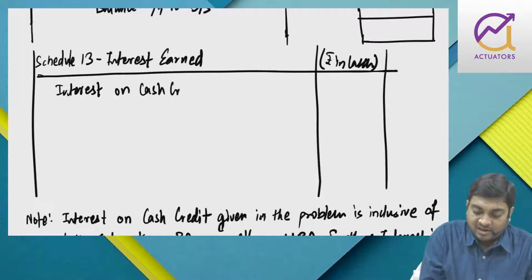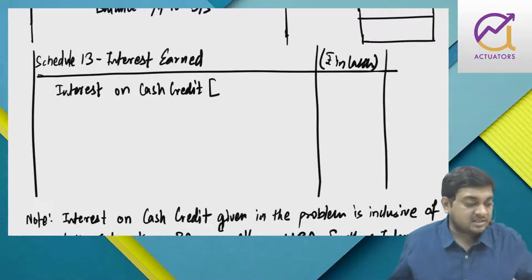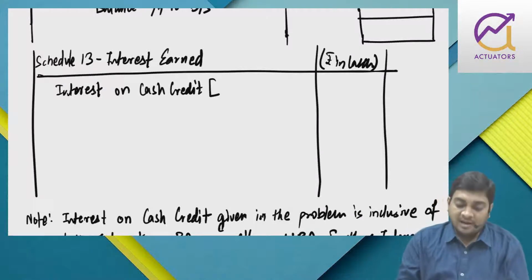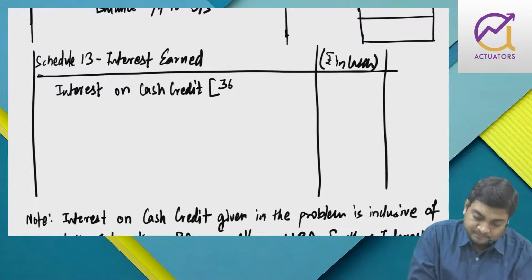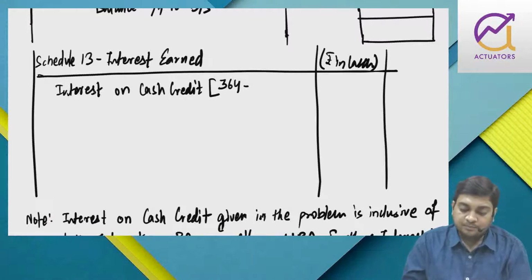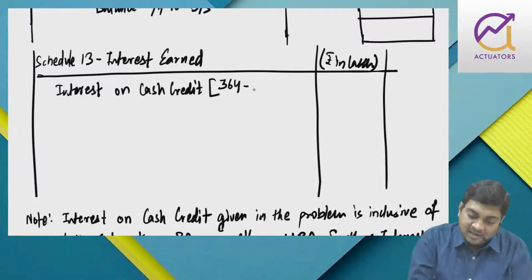when you get interest on cash credit, fine, this is 364, this is inclusive of both performing and non-performing. With respect to non-performing, what I will do, non-performing ka I will exclude the earned one because it should be included under cash basis.